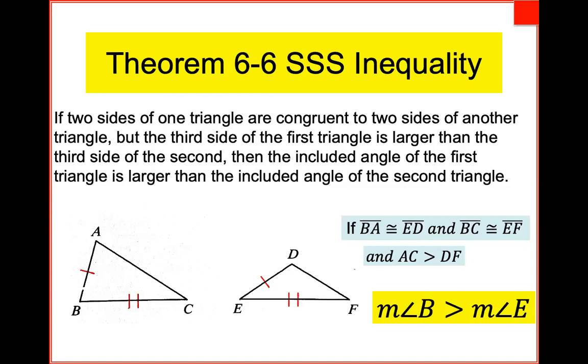Two sides of one triangle are congruent to two sides of another triangle, but the third side of the first triangle is larger than the third side of the second. Then the included angle of the first triangle is larger than the included angle of the second.